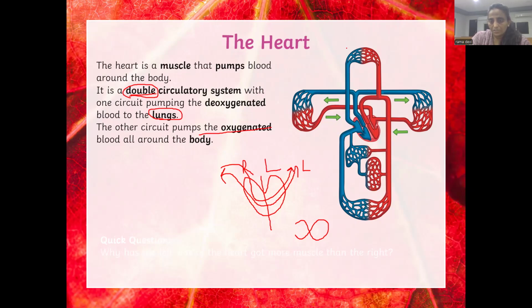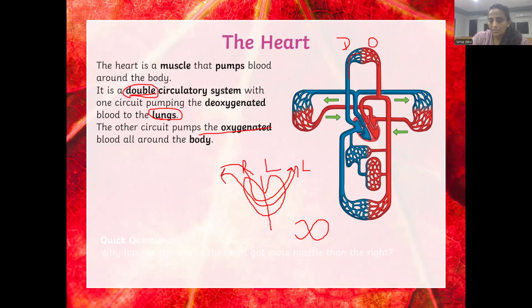And in this picture, you can see two colors. It doesn't mean that we have blue colored blood in the body. In the pictures, we use these colors only to differentiate between deoxygenated blood and oxygenated blood.